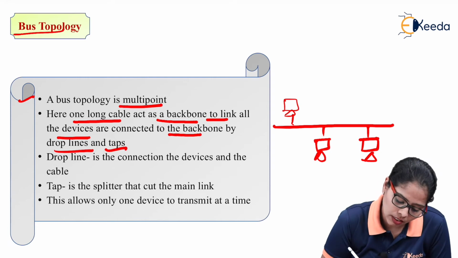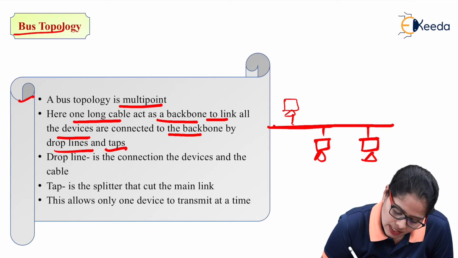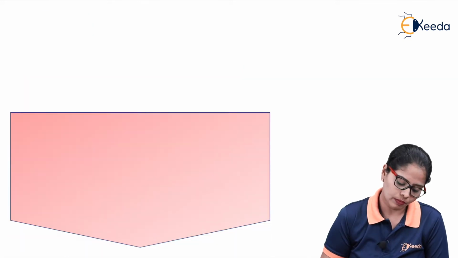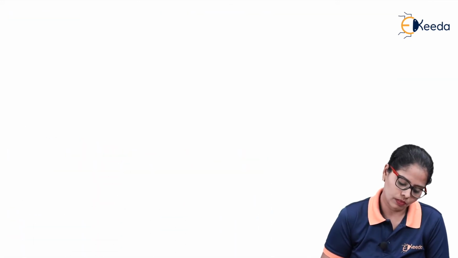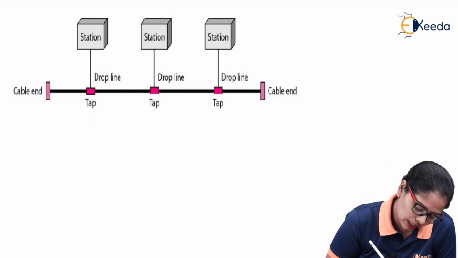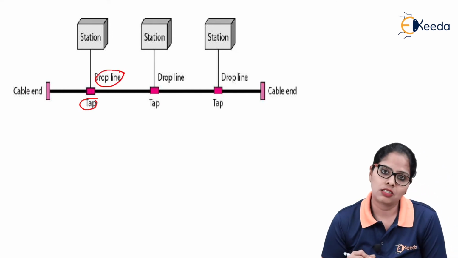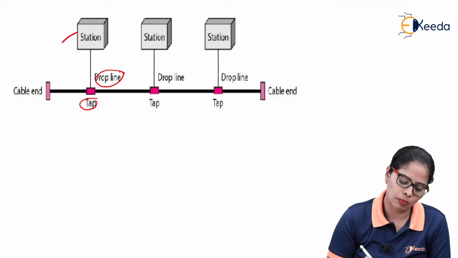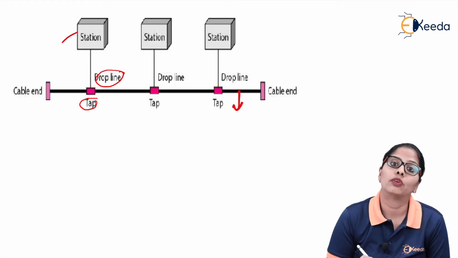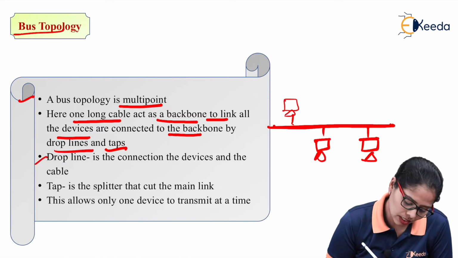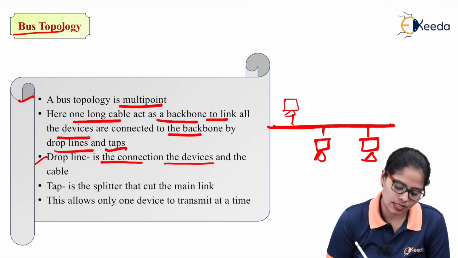As you know, all the devices are connected to this backbone link. See here, it is connected with the tap and the drop line. Let us discuss that. This is my computer 1, which is connected to this cable, and this is called the backbone link. The drop line is nothing but the connection between the device and the cable.